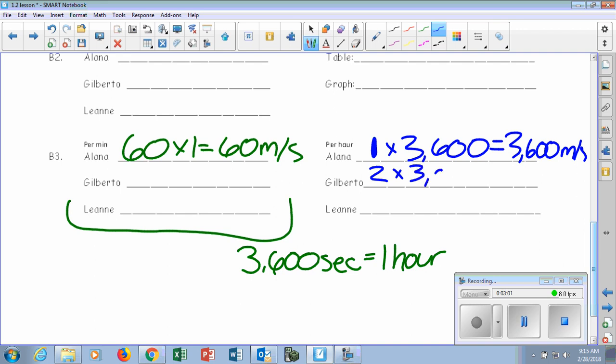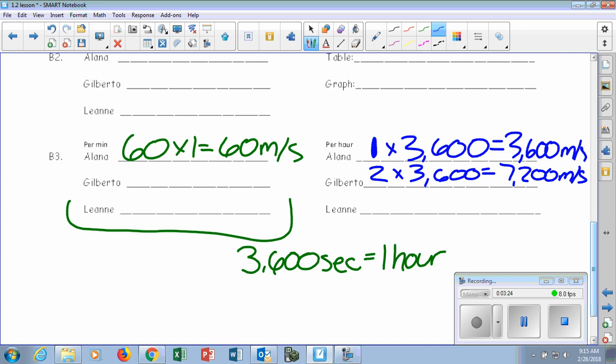Perfect. 2 times 3,600 to get it in those hours. And when I do that, who has a calculator? Who wants to calculate it for us? Brayden, you want to? 7,200? Perfect. 7,200 is Gilberto's meters per hour.